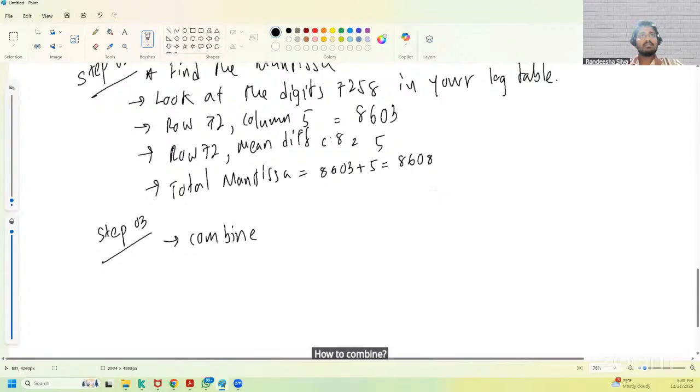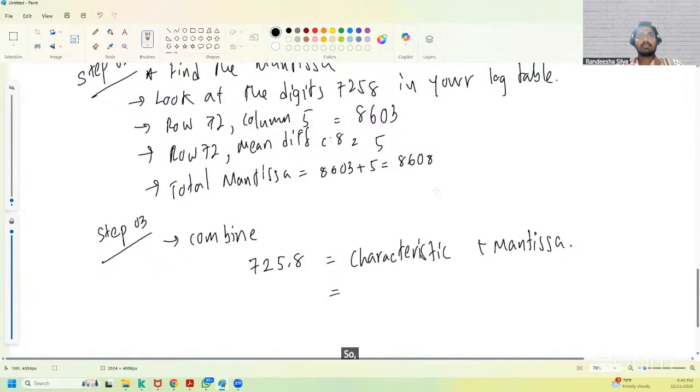For 725.8, it is the characteristic plus the mantissa. The characteristic is 2, the mantissa is 0.8608.